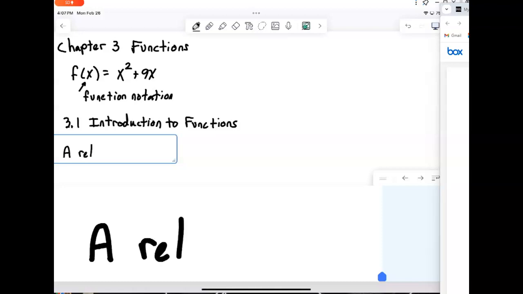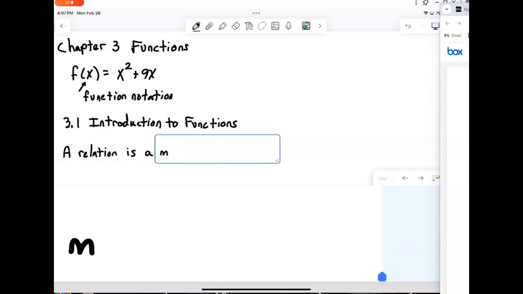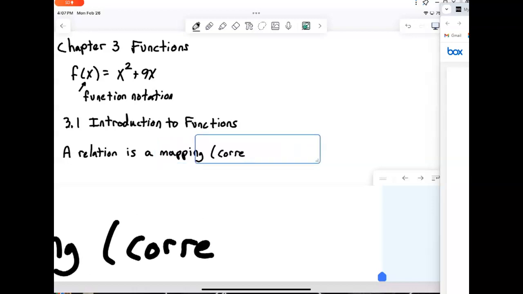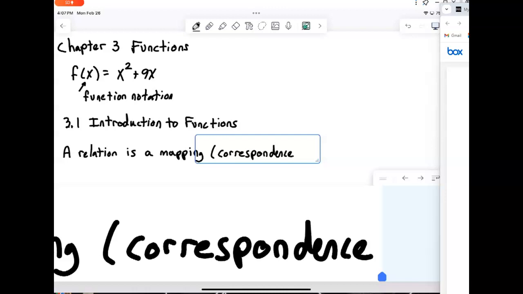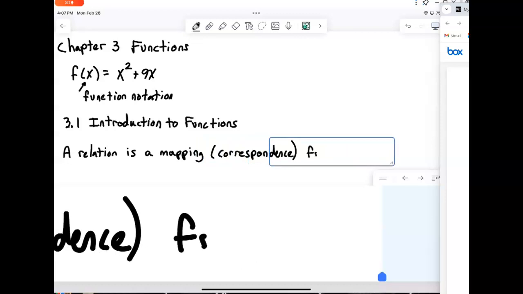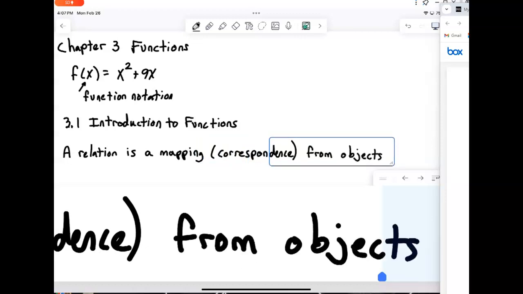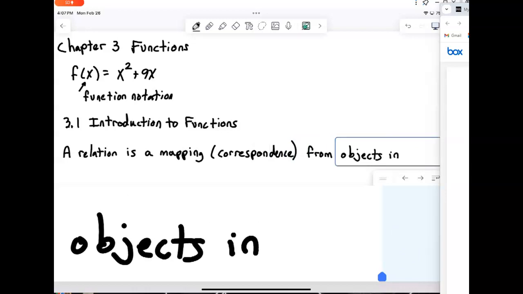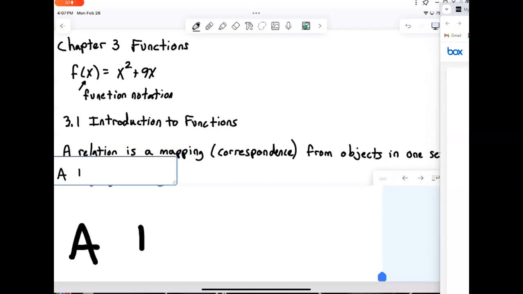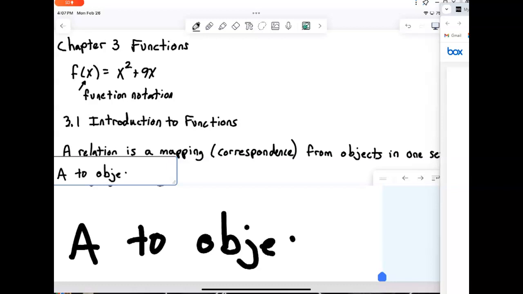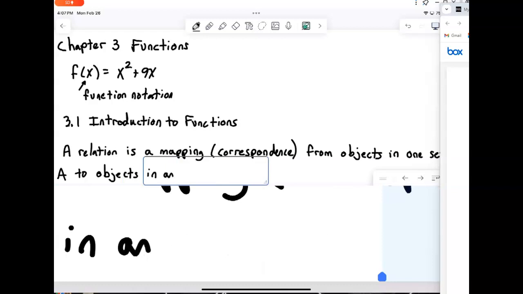A relation is a mapping, sometimes called a correspondence, an association, a matching, from objects in one set A to objects in another set B.